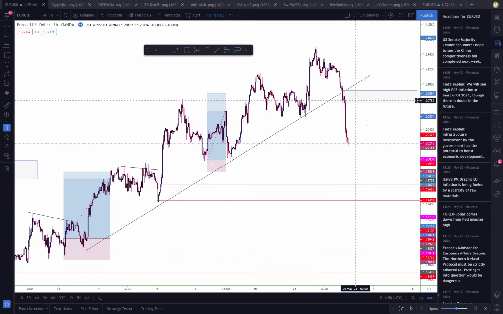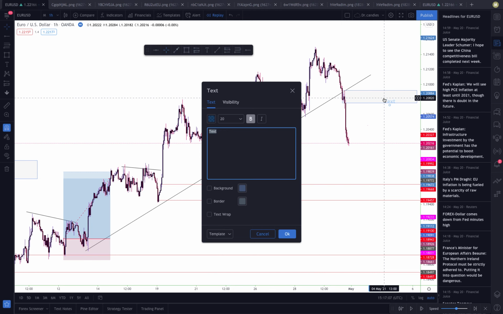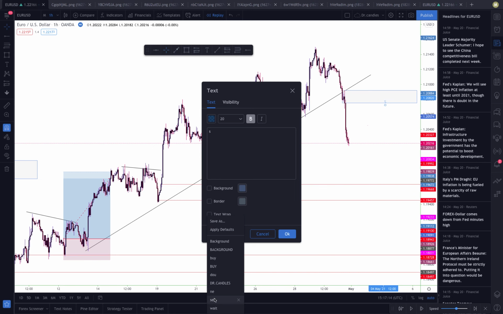So over here, because market has broken through a structure, all I'll be waiting is to sell my pair around there. Good. So I can just write something like sell here.